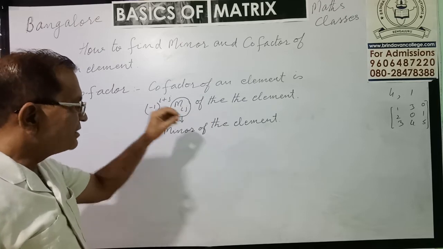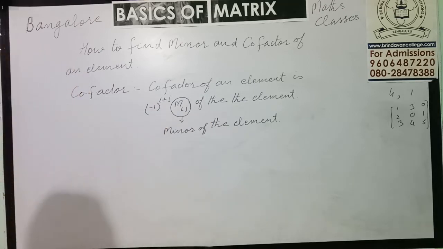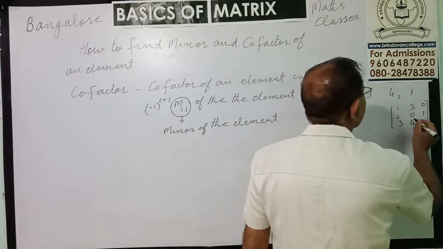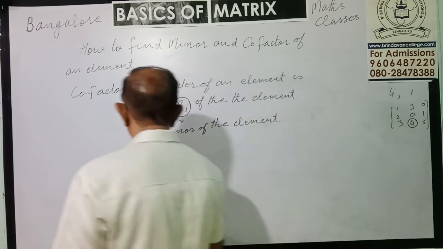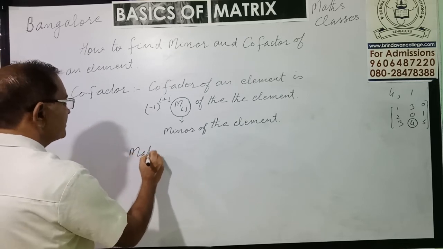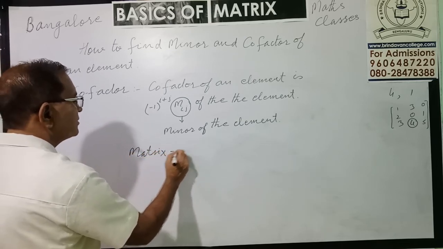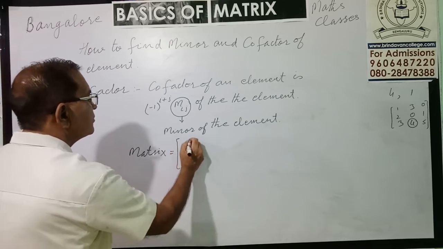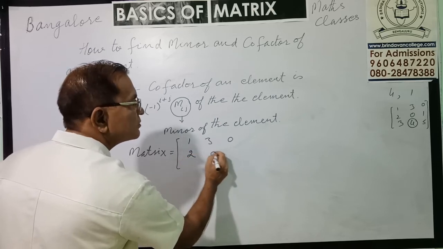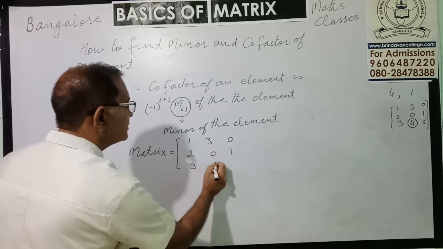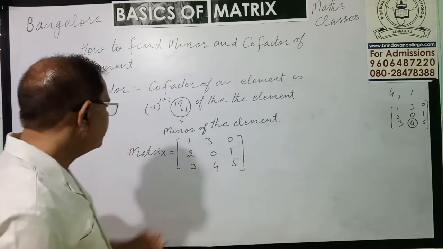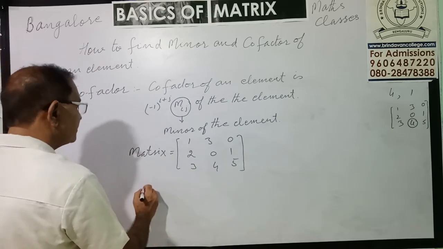And then, it means first we have to find the minor. Suppose I want to find the cofactor of 4. Suppose the matrix is 1 3 0, 2 0 1, 3 4 5. I want to find the minor of 4, the cofactor of 4.